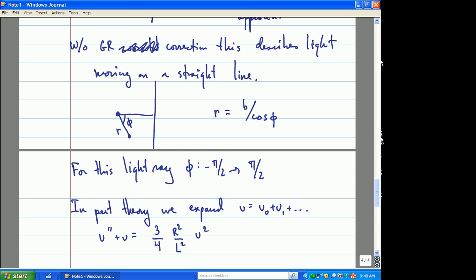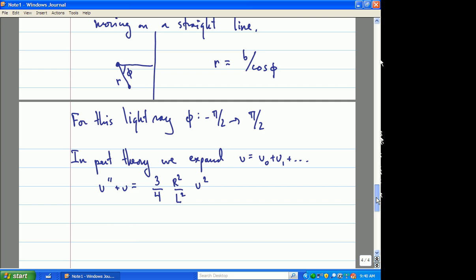So u naught was the solution with the quantity on the right-hand side neglected completely. And the first correction, u1, will be the solution of the equation u1 double prime plus u1 is now equal to the right-hand side, but with the right-hand side evaluated only including the u naught term, which will be the largest contribution to u. So 3/4 r squared over L squared times u naught squared.